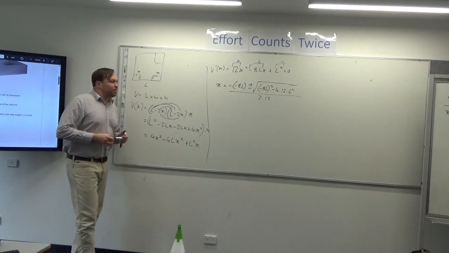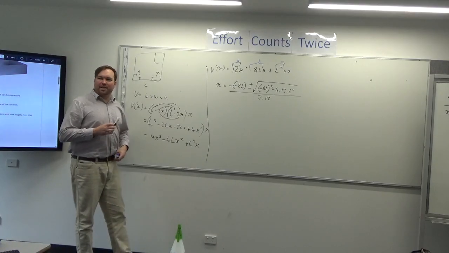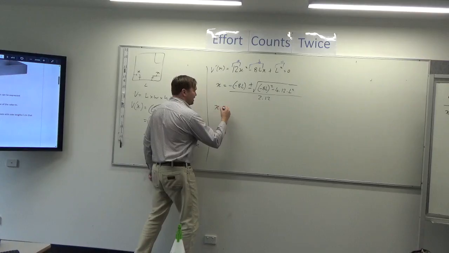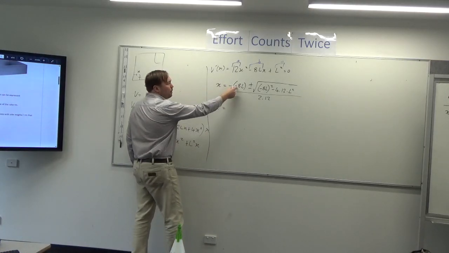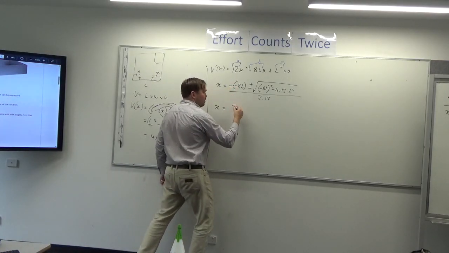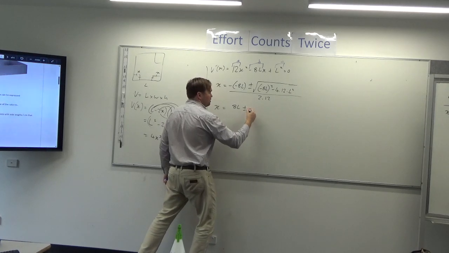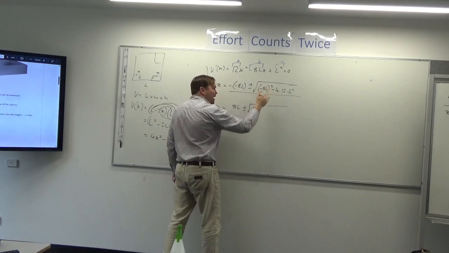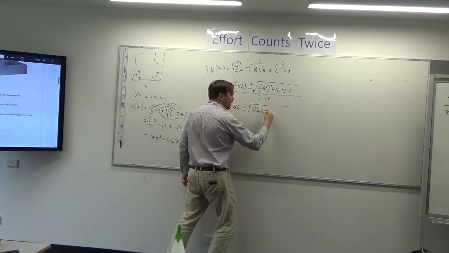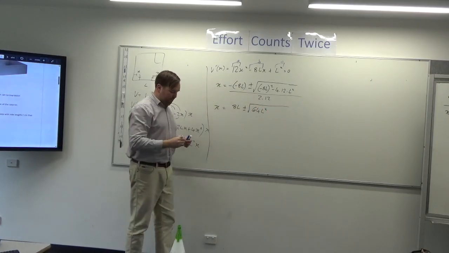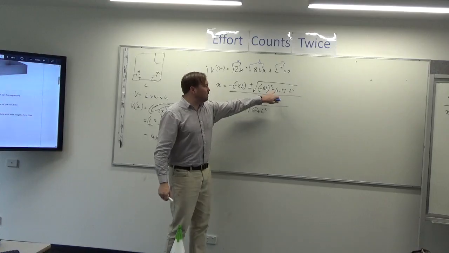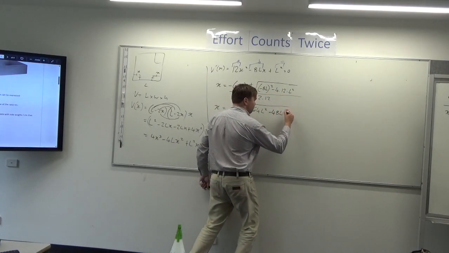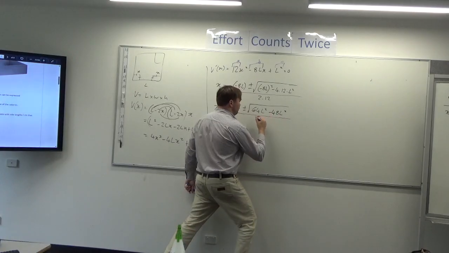And this is where being able to work with surds and things is really useful, because our calculator is only so helpful here. Because the calculator can't handle the L. Minus minus is plus, so this is positive 8L, plus or minus the square root of minus 8L squared, which is positive 64L squared, take 48L squared, over 24.